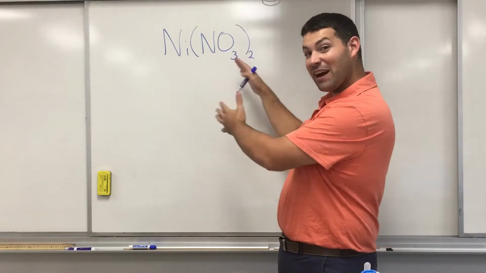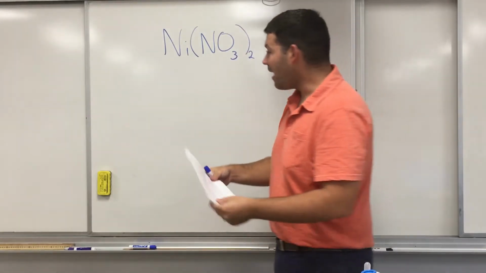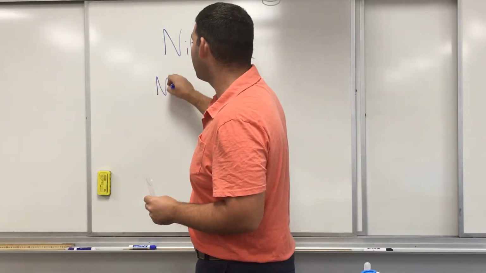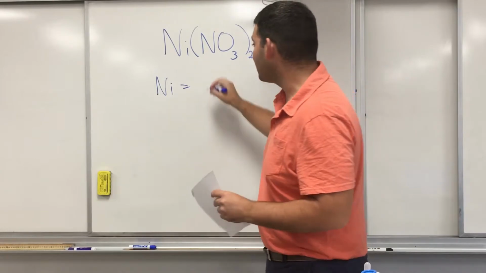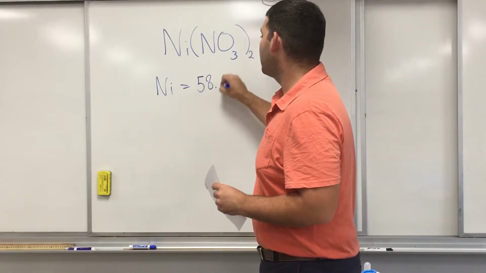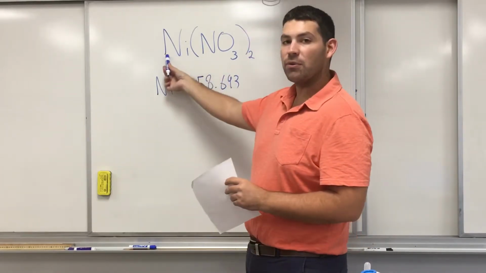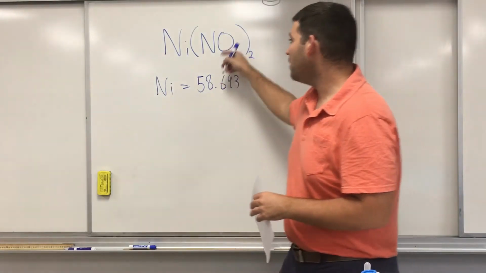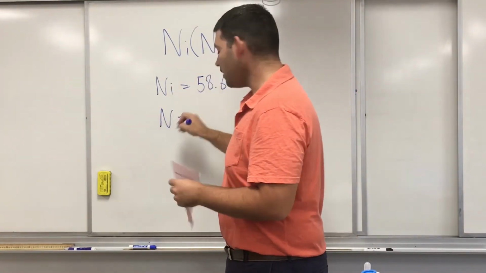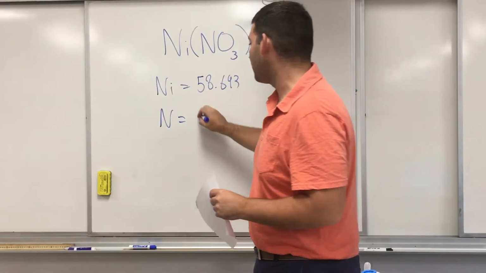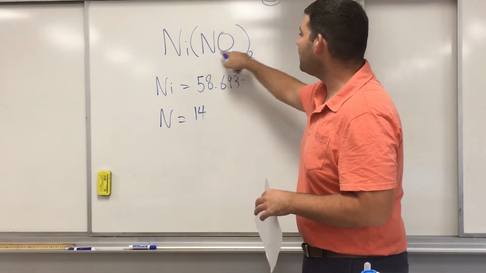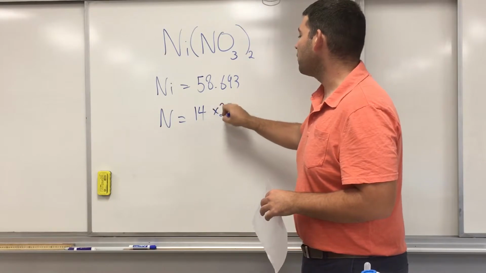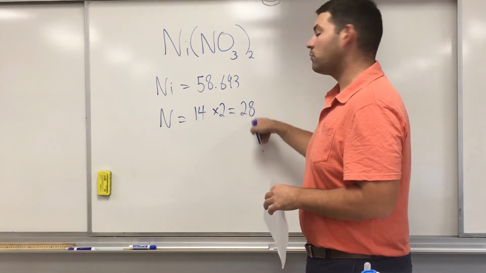So if I'm going to find the molar mass of this compound, I need the molar mass of the nickel, and that's going to be 58.693. There's only 1 of them, so I don't have to multiply it by anything. The nitrogen has a molar mass of 14.007. I'm just going to round that to 14, but there's 2 atoms of it, so 14 times 2, 28.